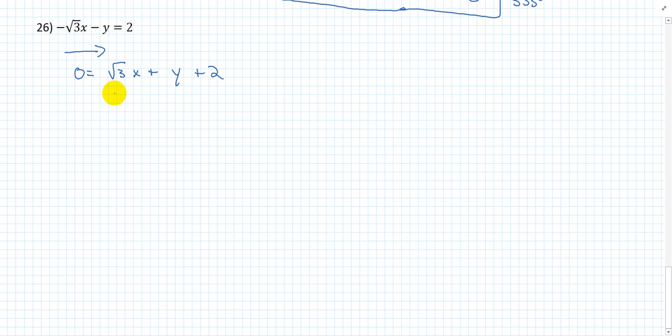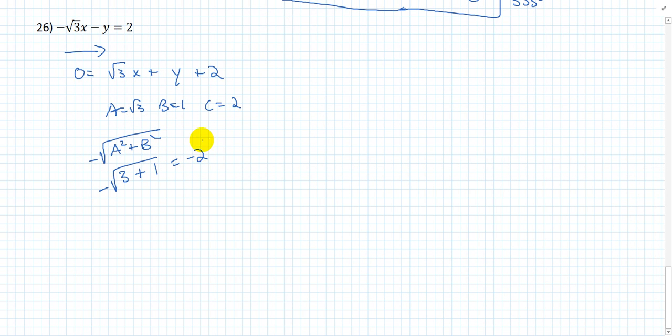You could try it if you'd like. But so a equals root 3, b equals 1, c equals positive 2. So that means a squared plus b squared. Root 3 squared is 3, 1 squared is 1. So it's 3 plus 1, and the square root of that then equals 2. Since c is positive, that's negative, so it's negative 2.